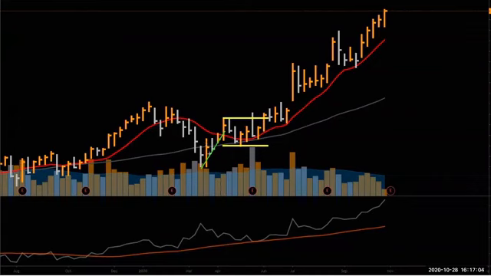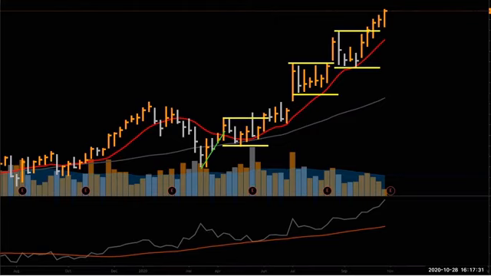We bottomed back earlier this year, March-ish. Then again, over here. And then finally, here's another base pattern.